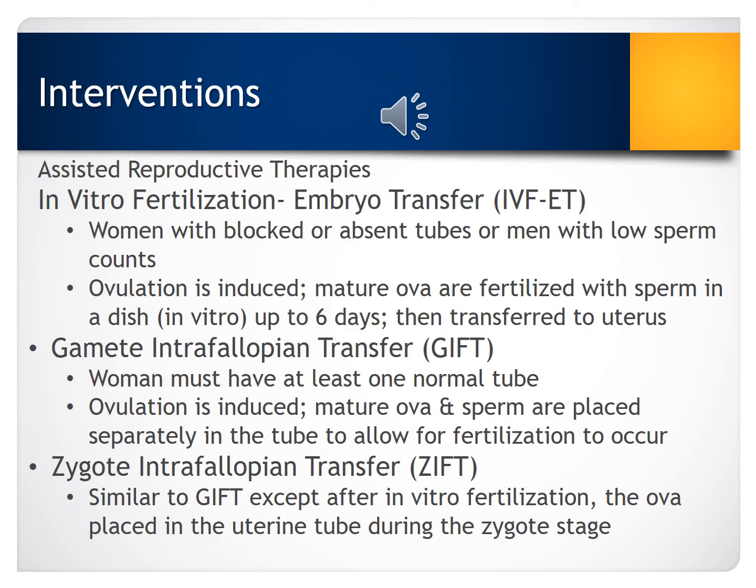There are various interventions that can be initiated in helping a couple conceive and maintain a pregnancy. There are medical interventions that are geared towards treating any ovulatory dysfunctions, meaning stimulating medications to stimulate ovulation, medications that enhance the follicles to mature.